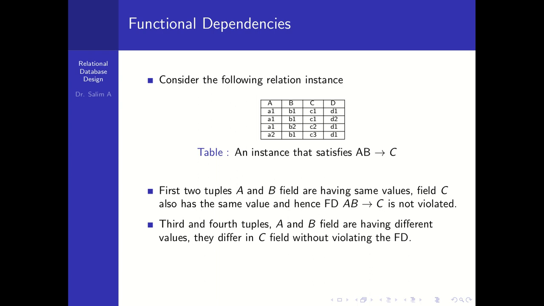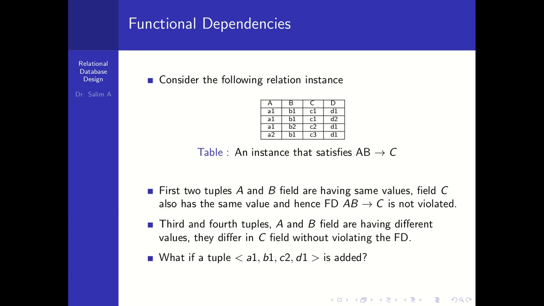Okay. What if A1, B1, C2, D1 is added? A new tuple, let it be A1, B1, C2, D1, is added as the fifth tuple. Then three tuples have the same A, B value: A1, B1 for the first tuple, A1, B1 for the second tuple, and for the fifth tuple also A1, B1.